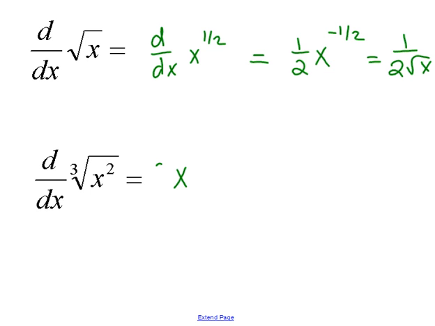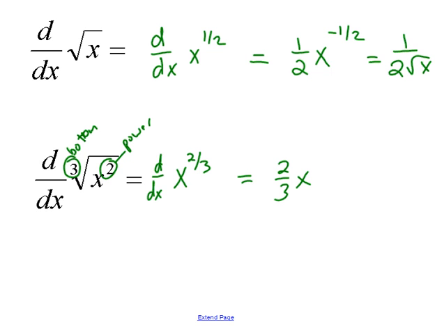Okay, try this one. That is the same thing as taking the derivative of x to the 2/3. Remember, powers are on top, and roots grow in the ground, so that's on the bottom. Then I apply my power rule, which tells me to bring my power out front, 2/3 x, and reduce that: 2/3 minus 1 is the same thing as 2/3 minus 3/3, which is negative 1/3.